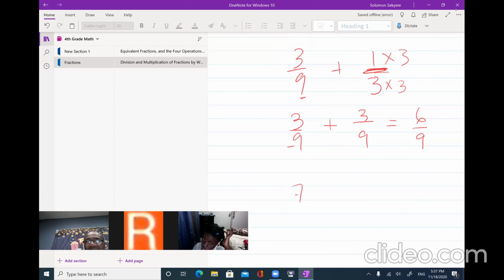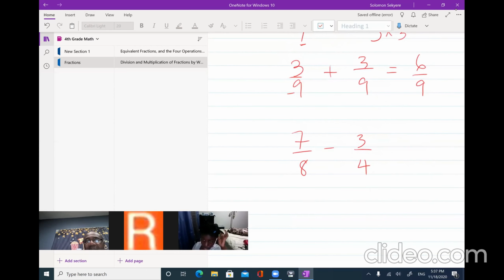What about 7/8 minus 3/4, Janelle? Okay, you cannot subtract or add unless the bottoms are the same. Go ahead, try to write an equivalent fraction. What is 3/4, if you want to write it to be 8?